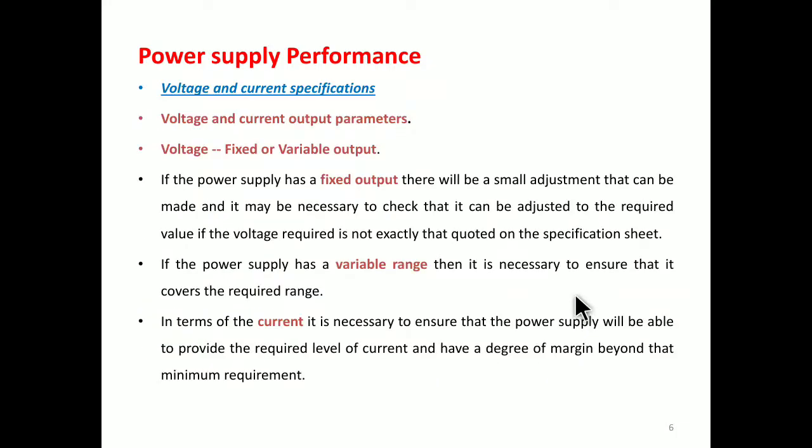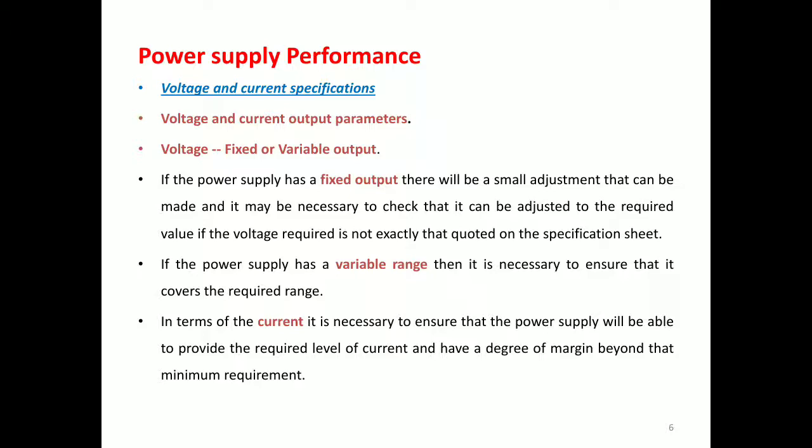Voltage and the current specification. The primary power supply specifications are the voltage and the current output parameters. In terms of the voltage, it may be a fixed or a variable output.